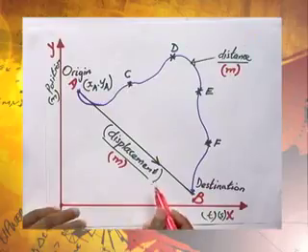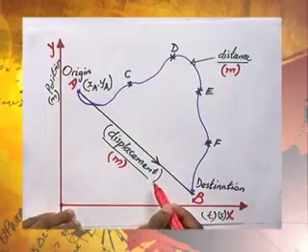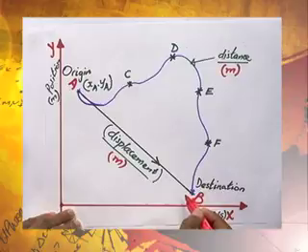So you can define displacement as a change in position. If an object changes position, that change in position is called displacement. And you can simply know it as the straight line distance from the initial position to the final position, from the origin to the destination. Those are very crucial quantities that you need to know.